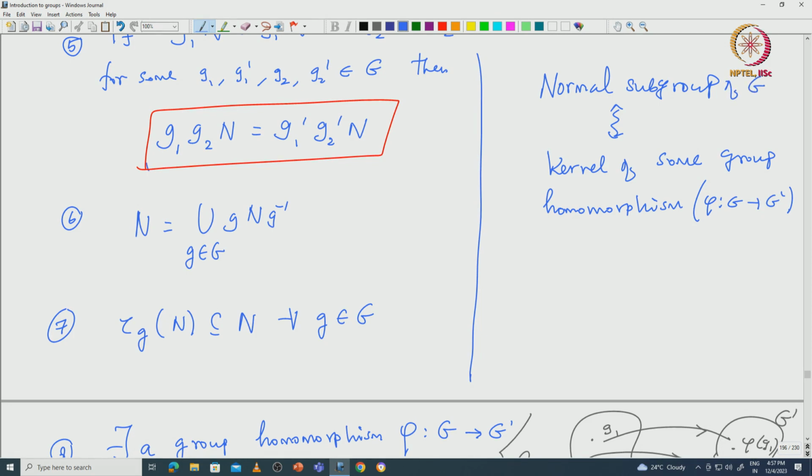So this dictionary, or characterization of normal subgroups, is very, very important. In practice, if you are interested in proving something is actually a normal subgroup, then I would recommend trying to find a group homomorphism for which it becomes the kernel. It is very, very important.